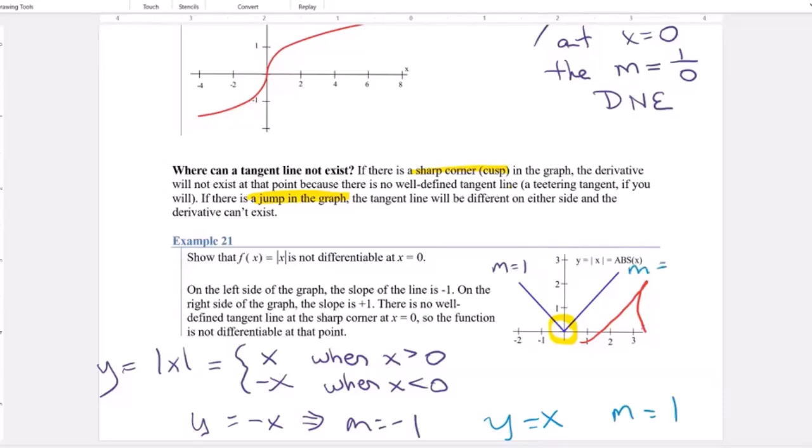And how would we figure out what it is at 0? Because it's coming in at such a sharp corner that we can't find the derivative there.